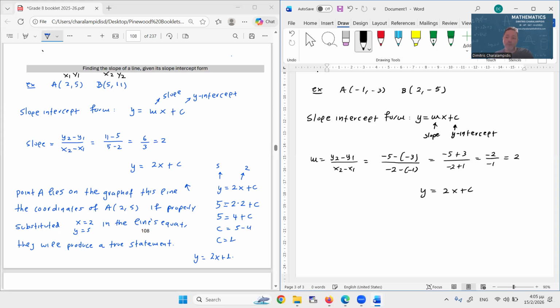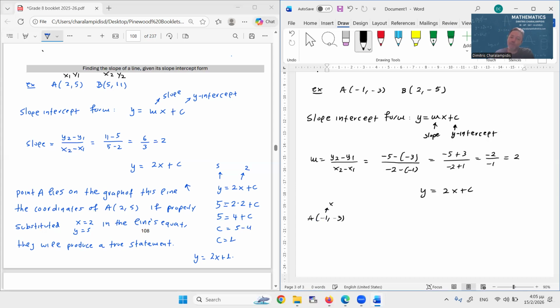Now, in order to find c, I should use the coordinates of any of these 2 points, either A or B. It's totally up to you. I would say here, if I was afraid of signs, that it might be easier to use point B. But if you are not, here I'm going to do it by using both A and B. Let's use the coordinates of A first. -1, -3.